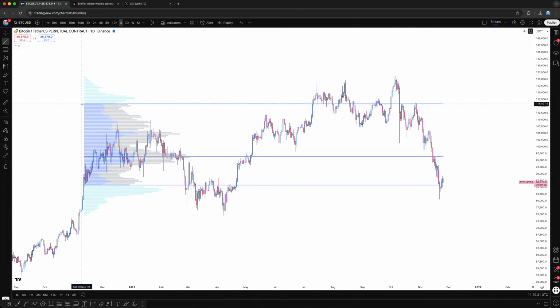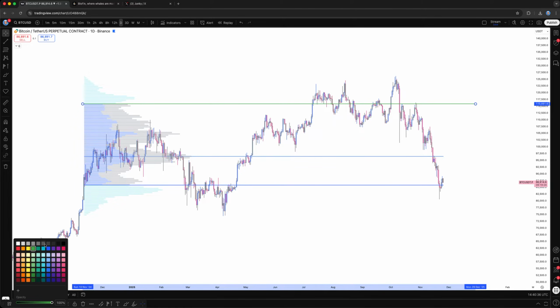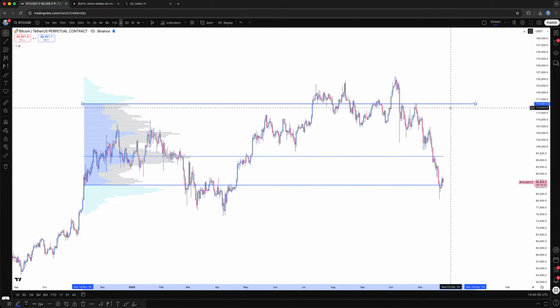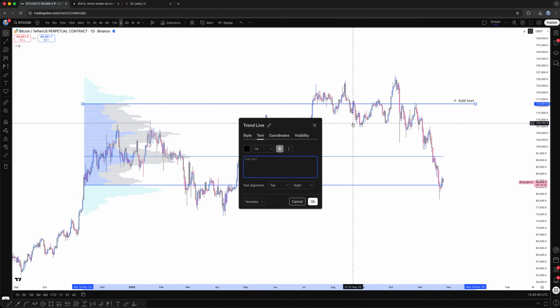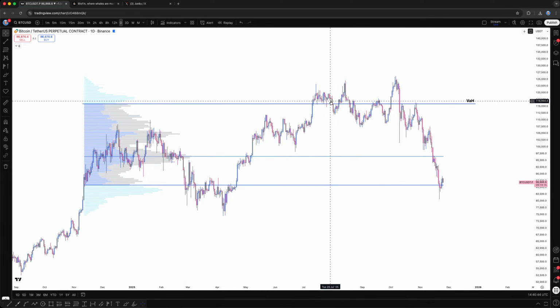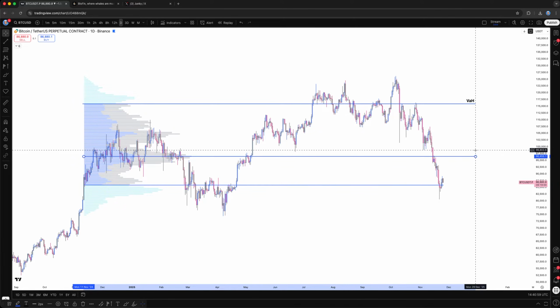And we can see quickly that this is definitely our value area high, and we can always double check if the levels are respected. You can see here that was chop, but here with this double top was a clear bearish retest of this value area high, and the price dropped further down. We do have our point of control that now is potentially a resistance level.